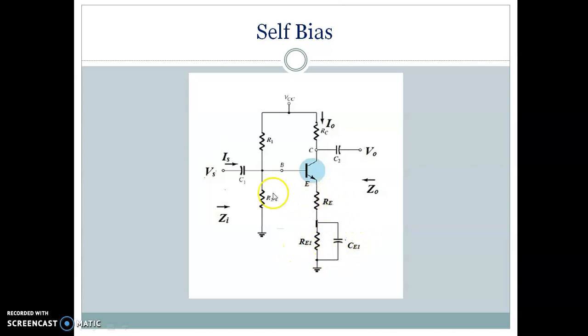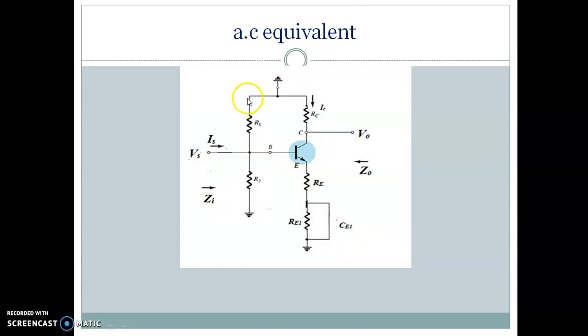But when you do the DC analysis, your capacitors will be open circuited. So as you open circuit this, your RE and RE1 both will be providing the impedance at your emitter terminal. But when you do the AC analysis, since this has been bypassed, you will have only the effect of RE. So I have drawn the AC equivalent circuit.